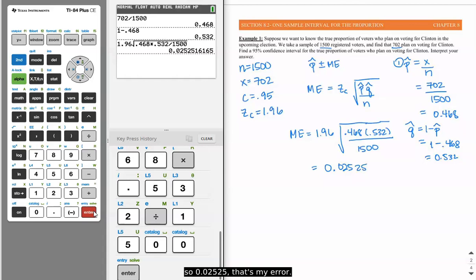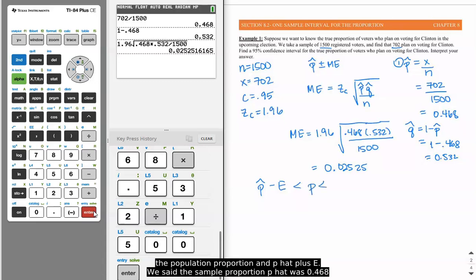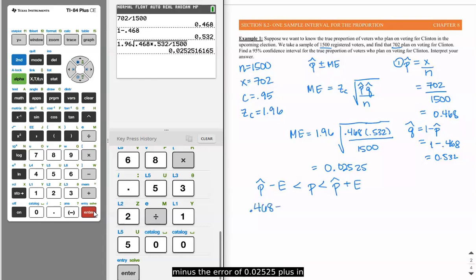So that's my error. Okay, so I'm ready now to create my confidence interval. I'm going to take p hat minus e less than the population proportion, and p hat plus e. So we said the sample proportion p hat was 0.468, minus the error of 0.02525, less than the population proportion, and 0.468 plus 0.02525.